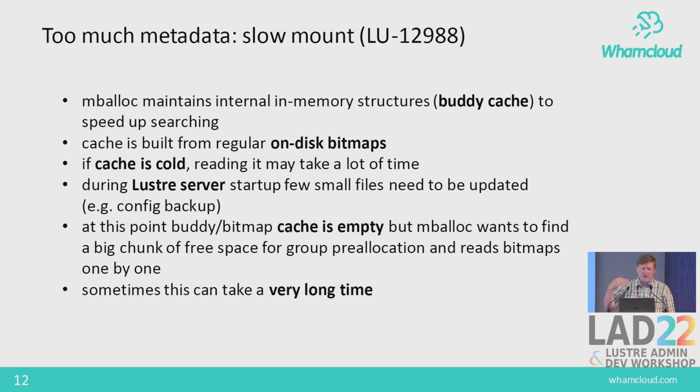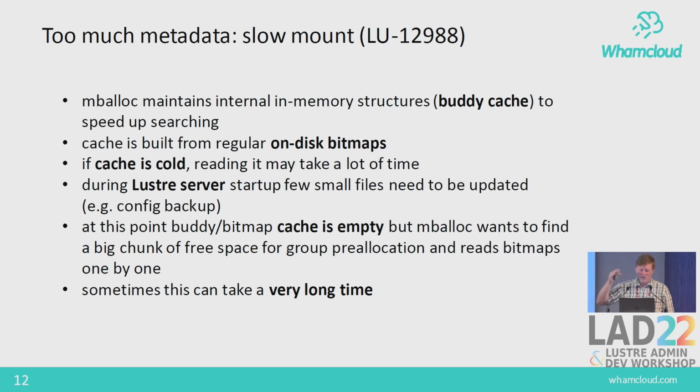As soon as an OST mounts, it contacts the MGS to get a new configuration log, and then the first thing it tries to do is allocate 64K or whatever of space to try and write out the new configuration log. And so it was scanning every single group, using this CR0 criteria.